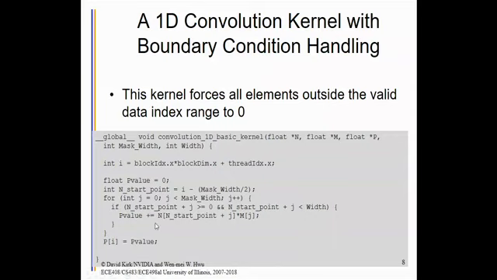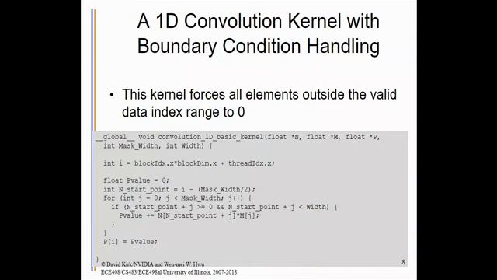We also need to check whether or not the input value that we need is actually within bounds. Remember the ghost values, right? So N_start_point plus j is the input index. j starts from 0 all the way to Mask_Width. What that means is that we start with the leftmost position and add 0 to it in the first iteration, add 1 in the second iteration, and so on.